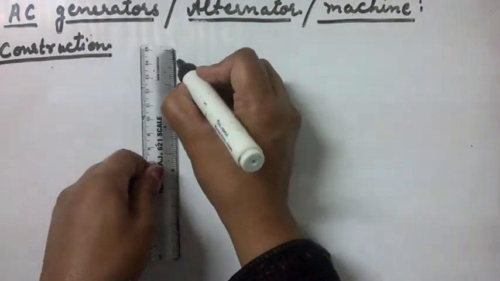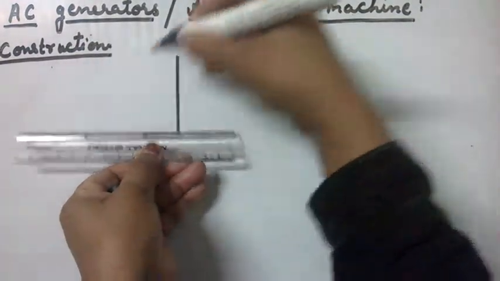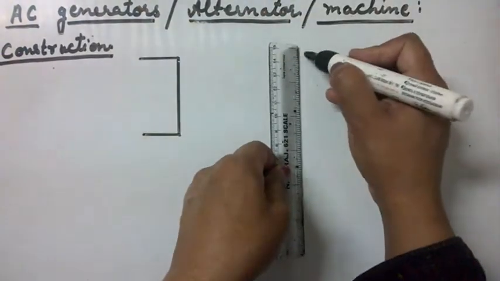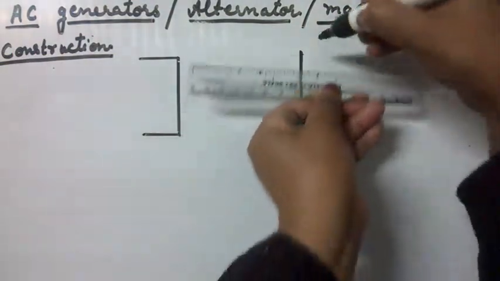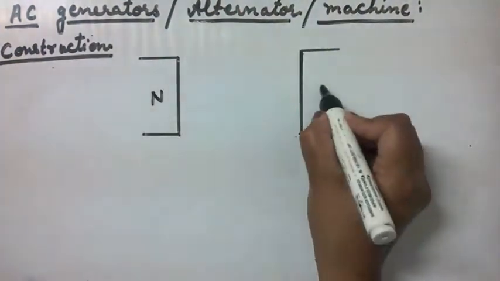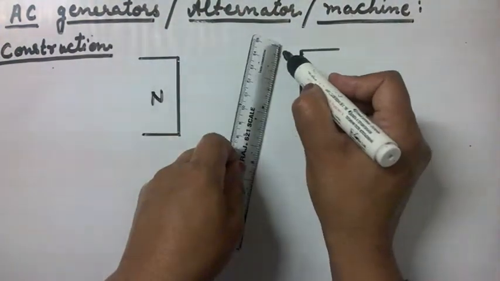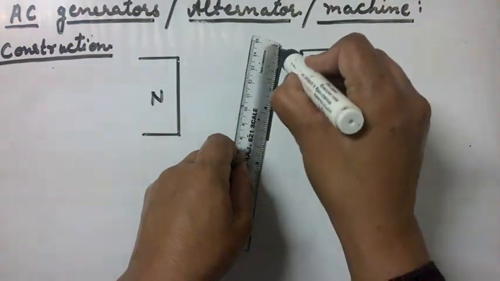AC generator consists of a uniform strong horseshoe type magnet which gives uniform magnetic field. And between these magnets, a rectangular coil is placed which has n number of turns.